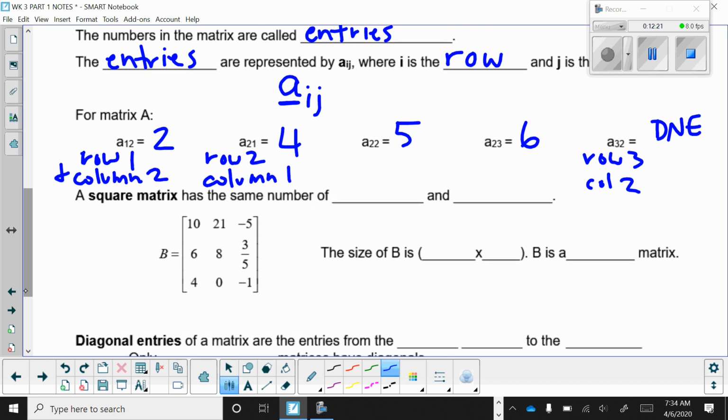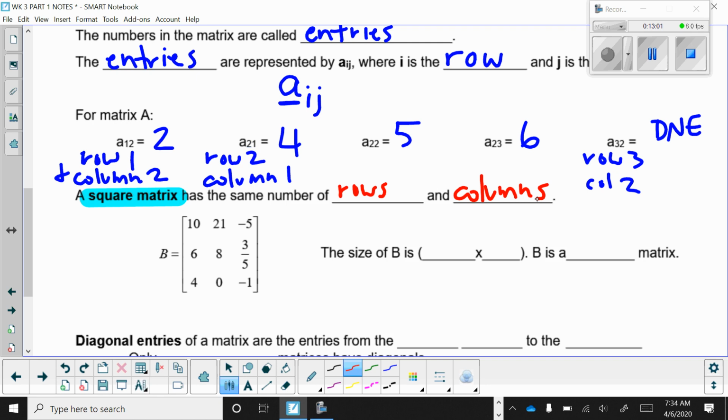So we've talked before about how to solve a system of equations, you have to have the same number of equations that you have variables. If you have 2 variables, you need 2 equations. If you have 3 variables, you need 3 equations, and so forth. So this gets us to the idea of square matrices. So here's our next vocabulary. A square matrix means probably what you think it means. A square matrix has the same number of rows and columns.